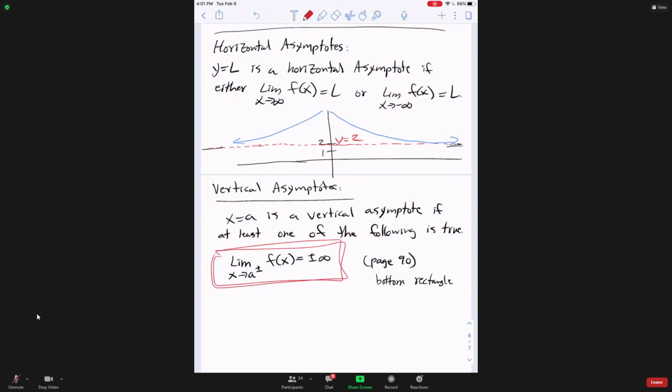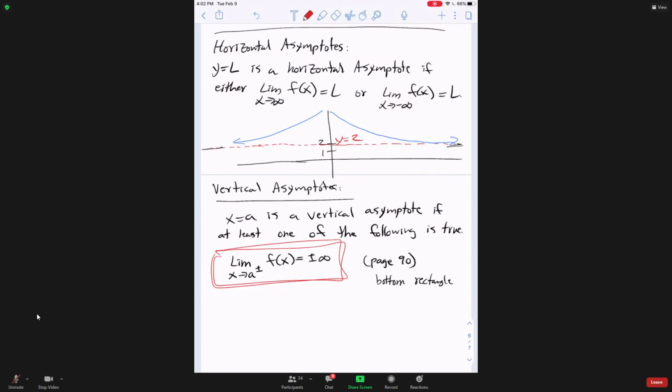One will be the limit as x approaches a from the right side of f of x goes to positive infinity. Then from the right side going towards infinity. Then just in general going towards infinity. Then from the left side, and then the same 3 again going towards negative infinity. Basically 6 different scenarios. If any one of those is true, then it's a vertical asymptote.